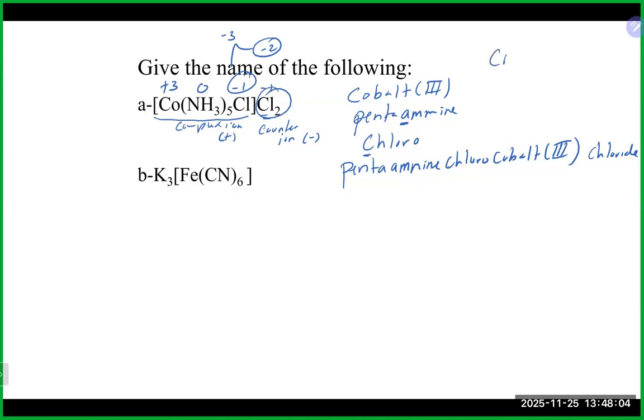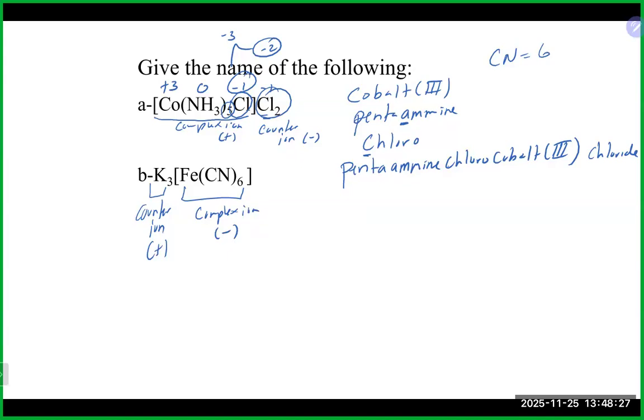Coordination number on this one is also going to be 6, as we have 5 monodentate ammonias and 1 monodentate chloride there. Coming to the second one here, our counter ion comes first, which is going to be positive, and our complex ion comes second, which is going to be negative.